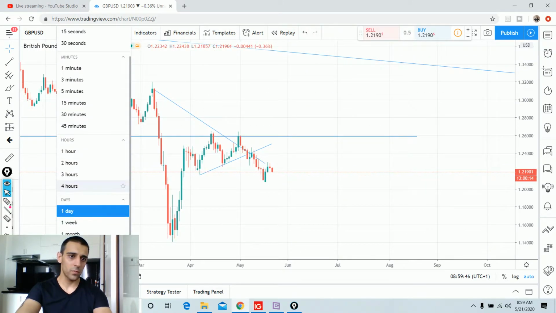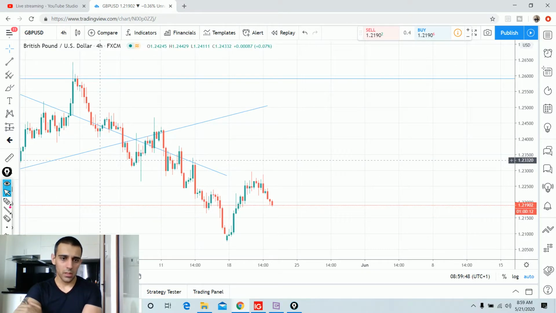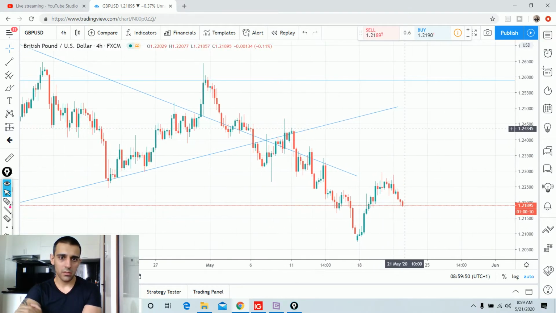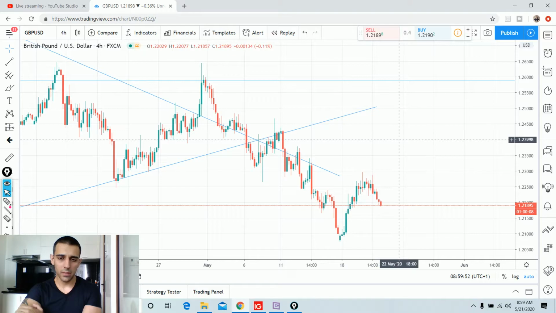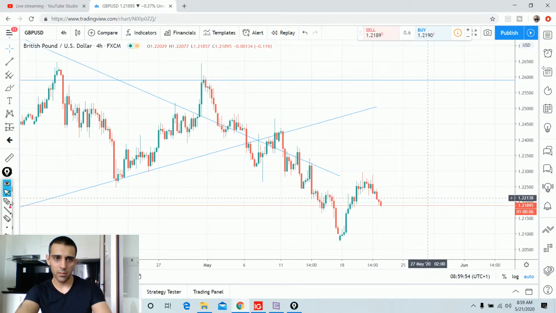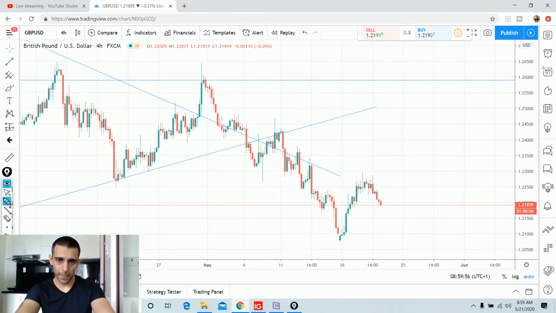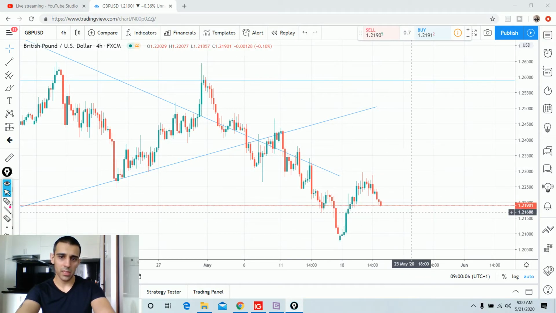So let's go to the 4-hour time frame. See what we have on the 4-hour time frame. The price is coming down. Looks like the price is heading to this 4-hourly low zone here. It has almost touched it, just marginally touched this 4-hourly support.